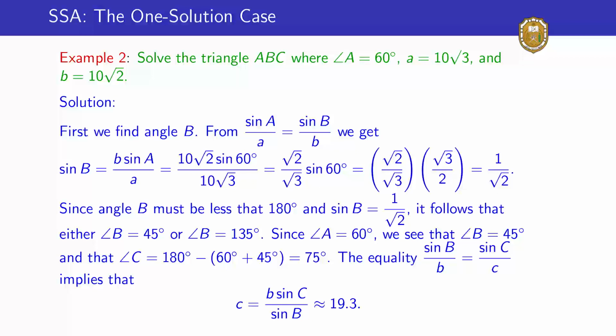So we have solved the triangle. We have that angle A is 60 degrees, angle B is 45 degrees, angle C is 75 degrees, length a is 10 root 3, length b is 10 root 2, and length c is approximately 19.3.